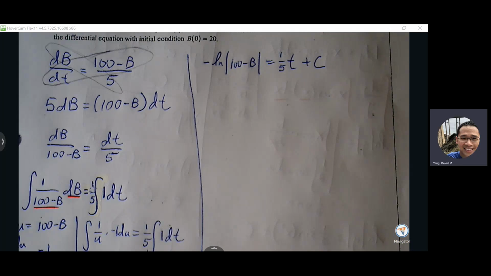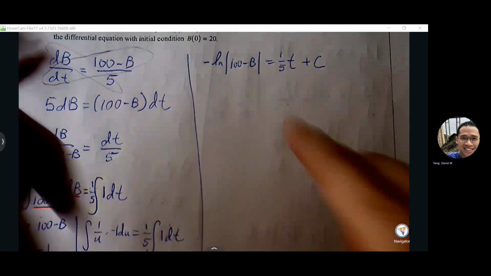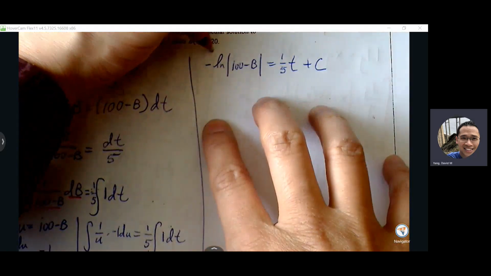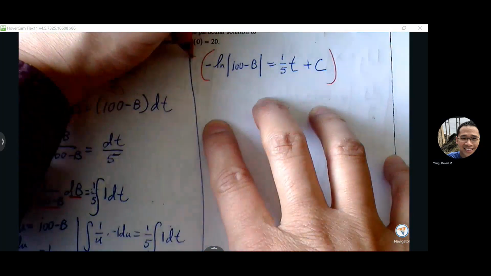Okay, I want to solve for b. What can we do? Yes, we do want to involve e, but there's something getting in the way, the negative. So what can I do with that negative? Yeah, or multiply by -1.